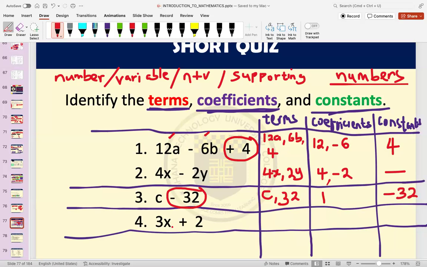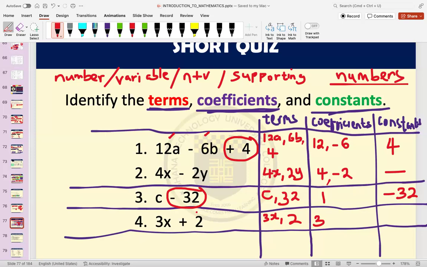And then we come to the final one. The final one, we have 3x plus 2. So let's check our terms. 3x is a term, so we write our 3x. And then 2 is also a term. We write 2. What about the coefficient? 3 is a coefficient.